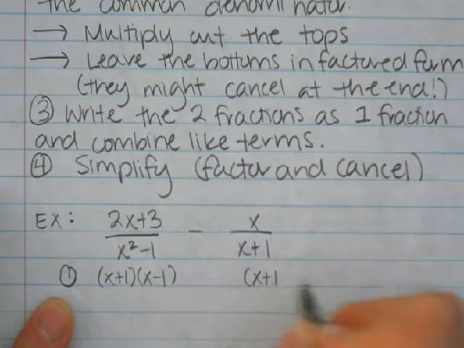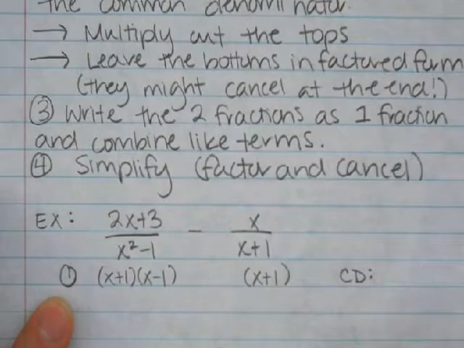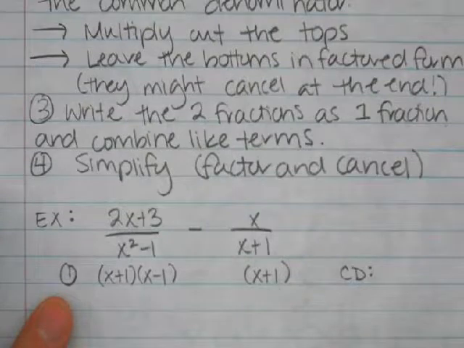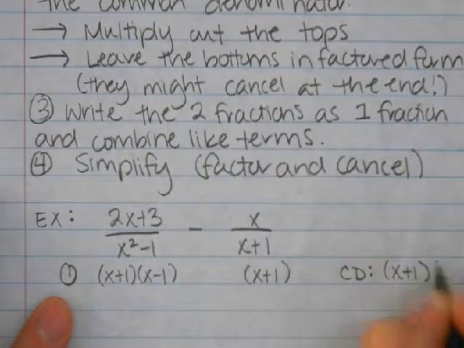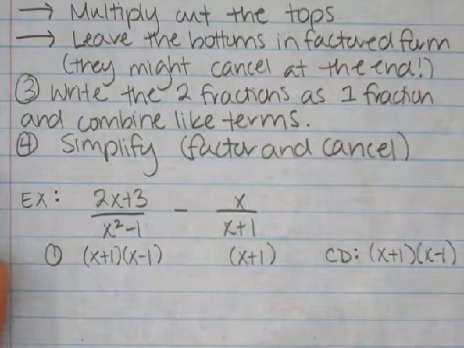Good. All right, so what is our common denominator? (x + 1)(x - 1). Okay. So we finished step 1. Step 2 is what?